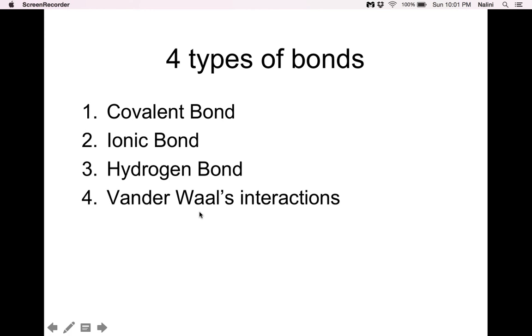Hydrogen bond is attraction between two polar molecules only. Van der Waals interactions are also weak bonds between molecules, that means intermolecular bonds, and these are attractions between non-polar molecules. So these are the 4 types of bonds. We'll see further details.